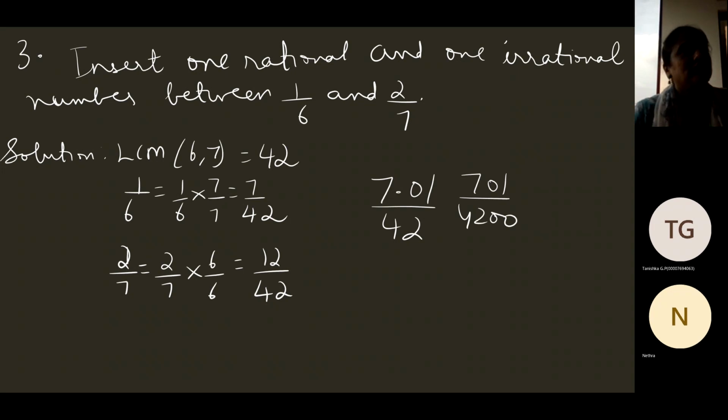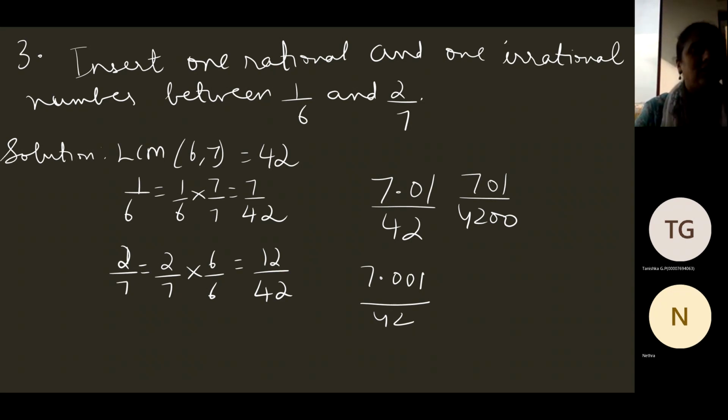To move the decimal point, you multiply the numerator and denominator by 100. So you get 701 by 4,200. Like this, you can write 7.0001 by 42. So can you now imagine there are so many numbers.